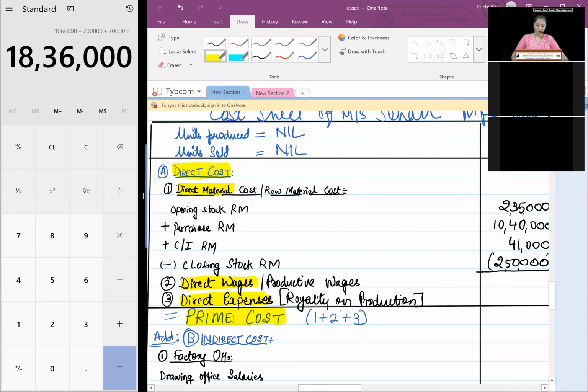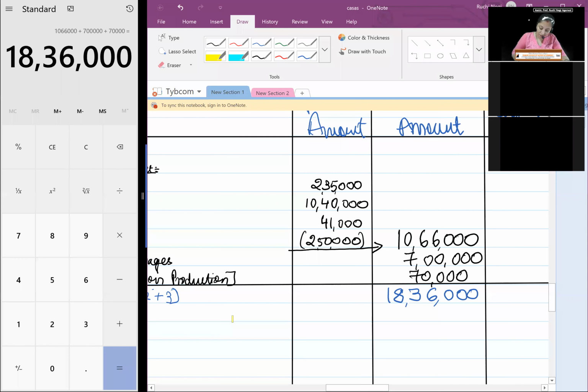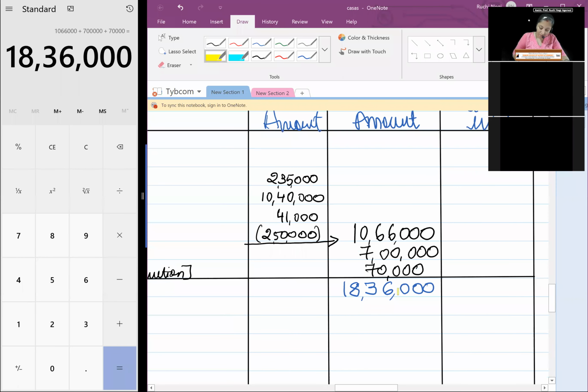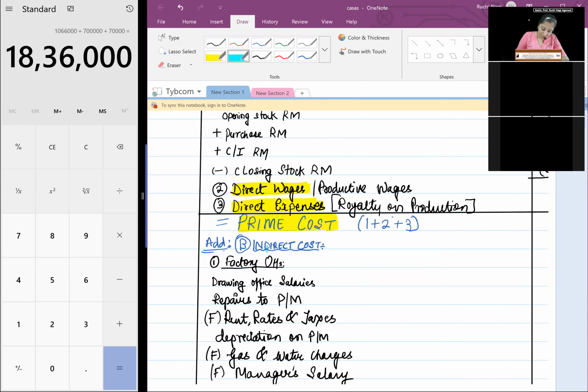Okay, 1 plus 2 plus 3. Here, direct cost is direct material, direct labor, direct expenses. So here's my answer. Prime cost.